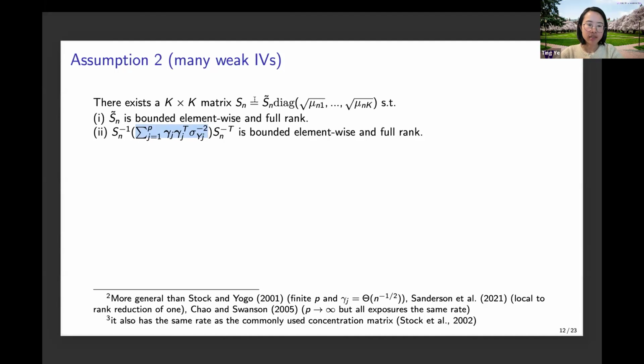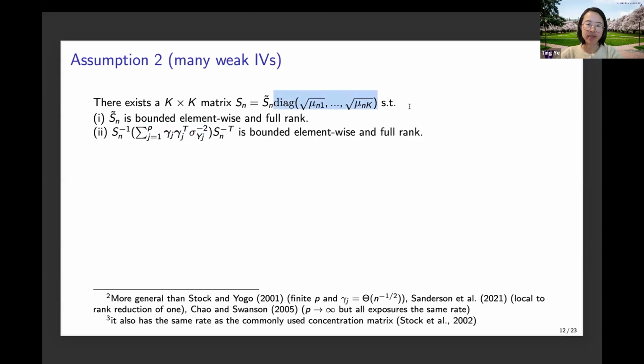In the construction, Sn is equal to some bounded full rank matrix multiplied by a diagonal matrix with square root of mu n1 to square root of mu nk.